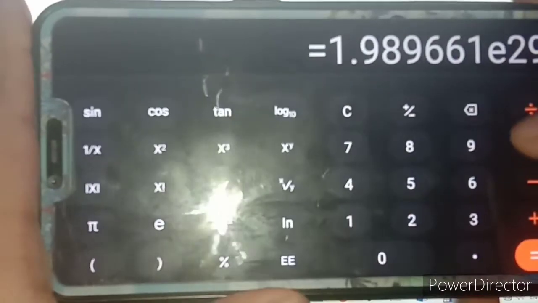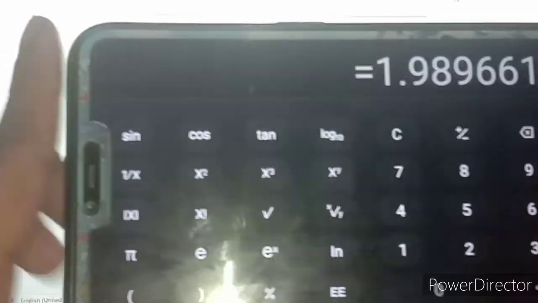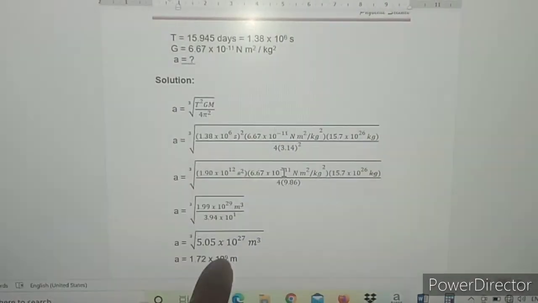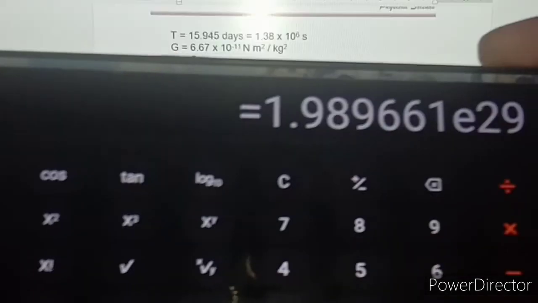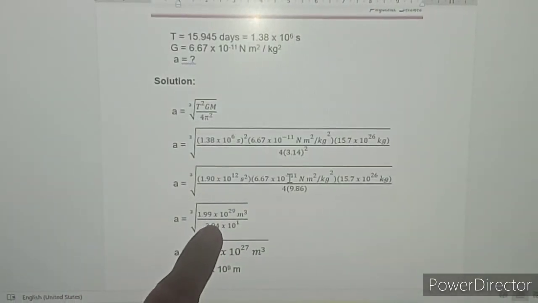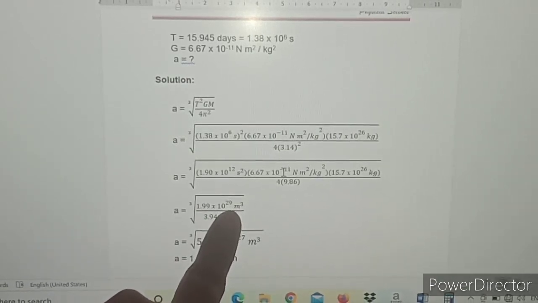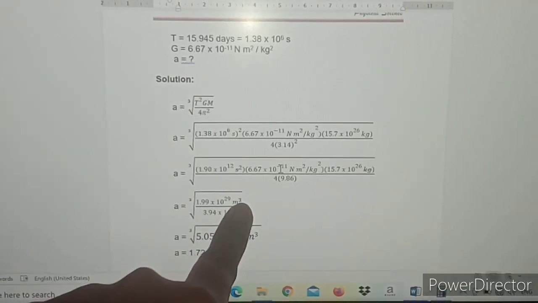So the answer is 1.989661 times 10 raised to 29. So into decimal places, so we have 1.99. So that's why we have 1.99 times 10 raised to 29 meter cube.